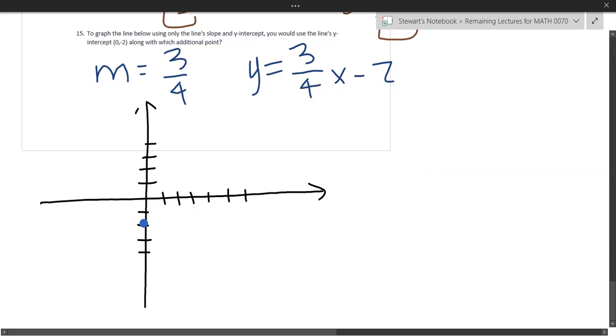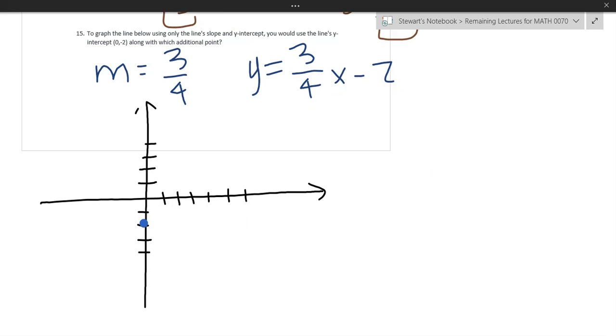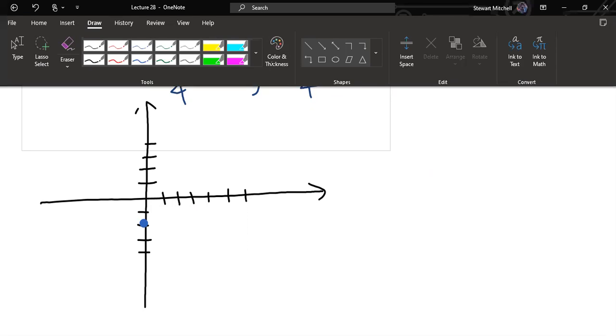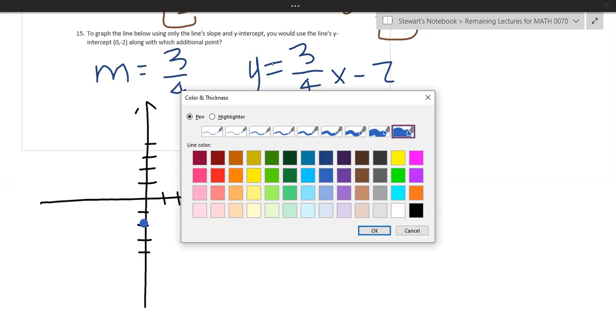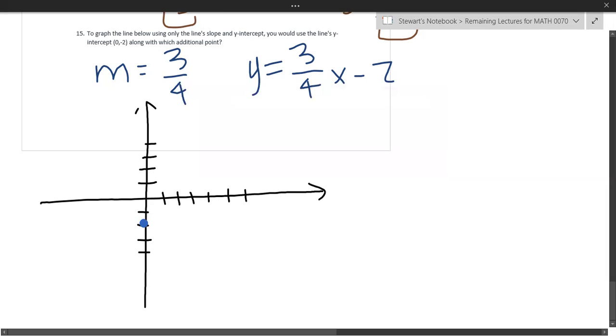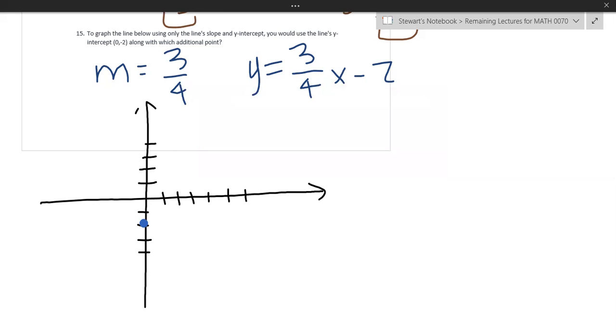And now what we want to do is use the fact that we know that slope is rise over run to go to the next point. So since it's +3 over +4, the rise is positive, so we're going to go up. So we go up 1, 2, 3. So that'd put us right here at 0, 1.